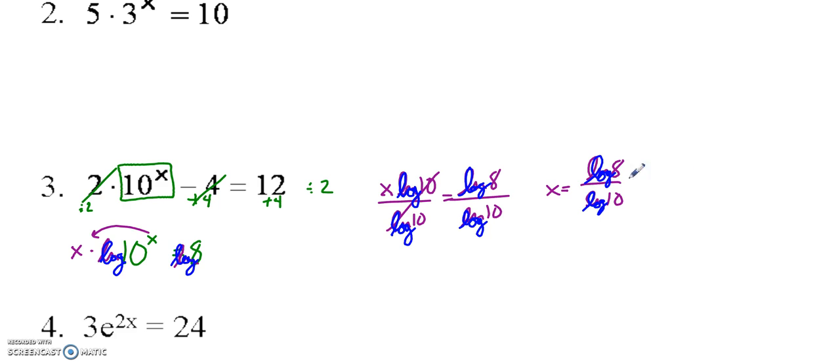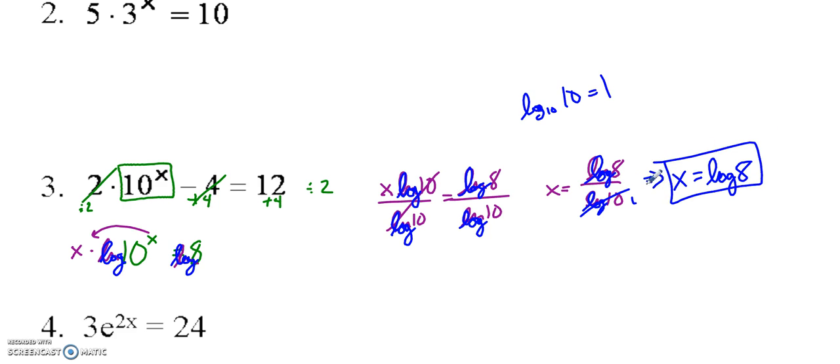Well, this denominator, log 10, remember log is base 10, of 10. So 10 to what power is 10? Well, that's easy. It's just 1. So I can actually put a 1 in the denominator here. So then x would really only be equal to log 8. And I can simplify it even more if I use log instead of natural log.